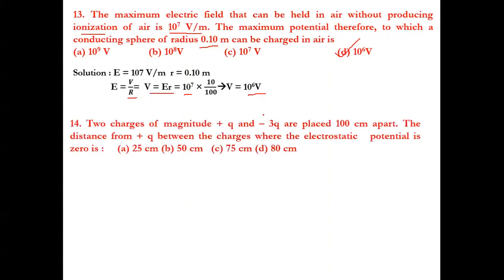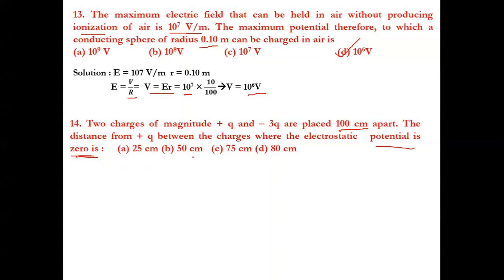Two charges of magnitude plus Q and minus 3Q are placed 100 centimeter apart. The distance from plus Q between the charges where the electrostatic potential is 0 is asked. Now what is this concept? Potential becoming 0 at a point between the charges.